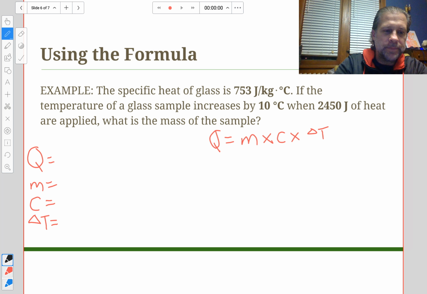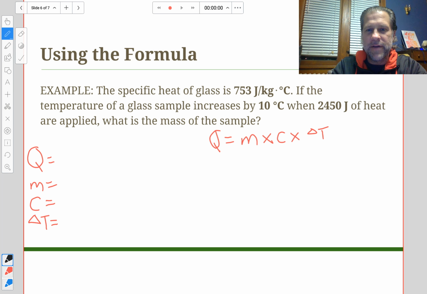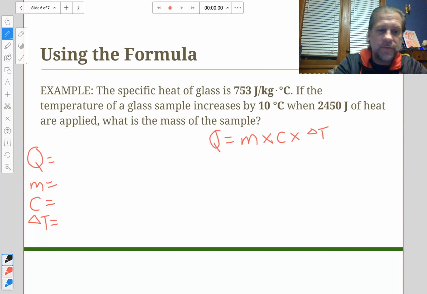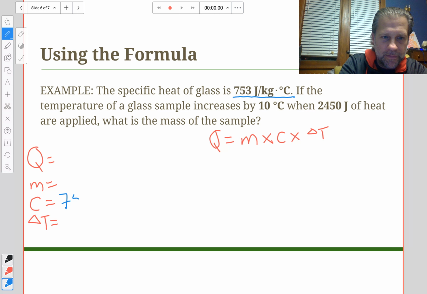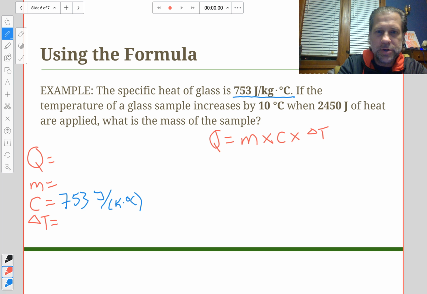Now, this problem tells me a couple of things. First of all, it says that the specific heat of the glass is 753 joules per kilogram degrees Celsius. So I'm going to plug that in right here. 753 joules per kilogram times degrees Celsius. And then it says that the temperature of the glass sample has increased by 10 degrees Celsius.